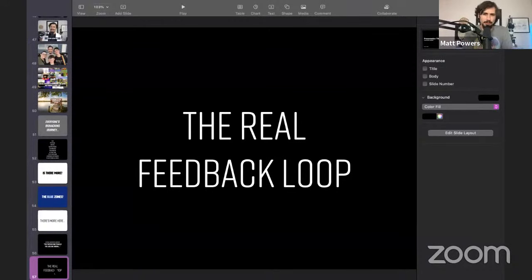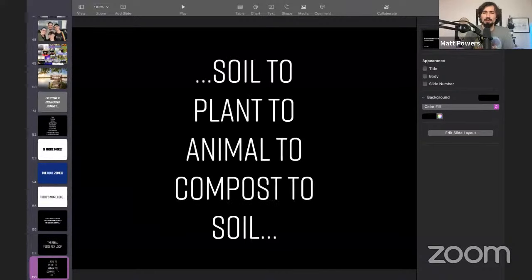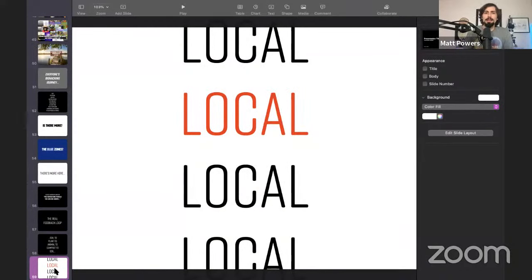There's a real feedback loop here, an actual feedback loop that comes soil to plant to animal to compost and then to soil again. It's this loop that dominates the local food, fiber, medicine, all the local economies that they support. All of them are biologically overlapping and interacting in a predictable fashion.